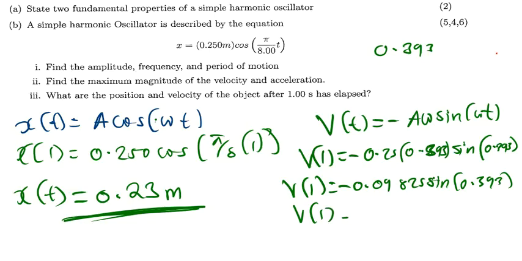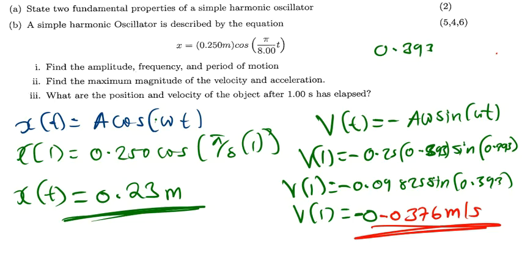So remember to put your calculator in large, so it's going to be 0.09825 sine 0.393. So I'm getting negative. Now this is going to be negative because the formula has negative, negative 0.0376. So that should be meters per second.